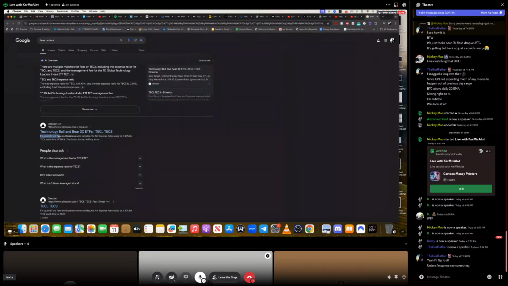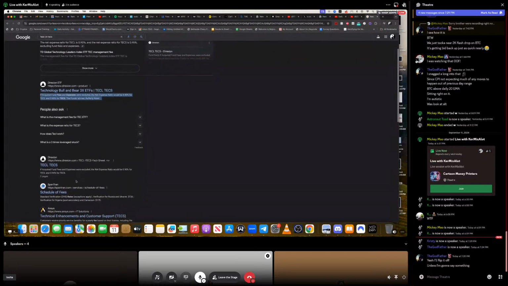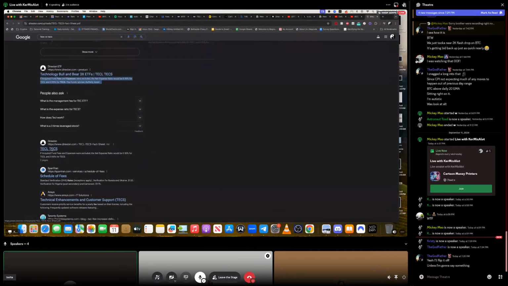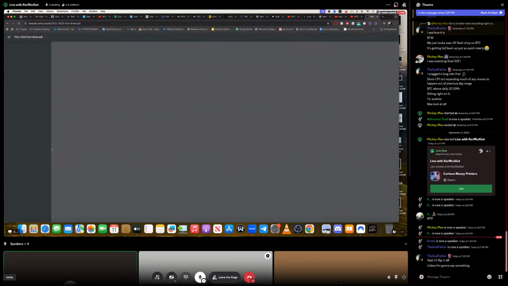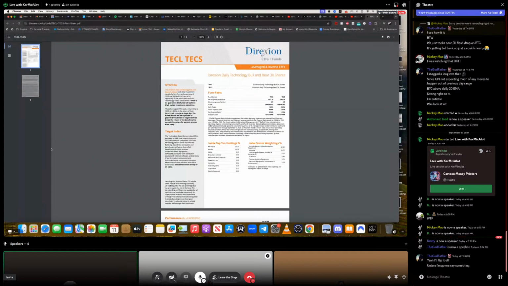The fund fees and expenses were excluded. But it's so nominal if you're day trading it. Yeah, my strategy wasn't to day trade it; it was to hold it.